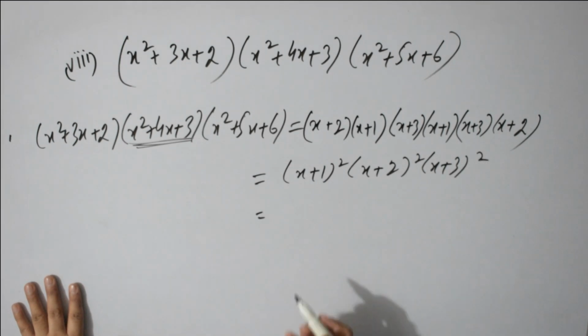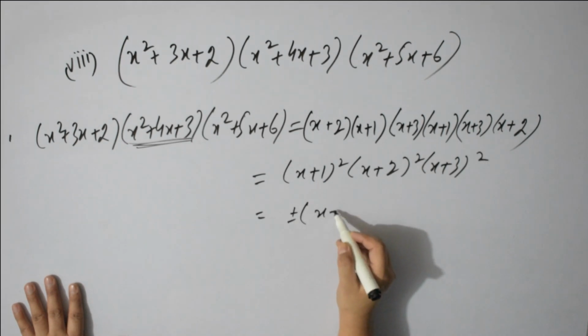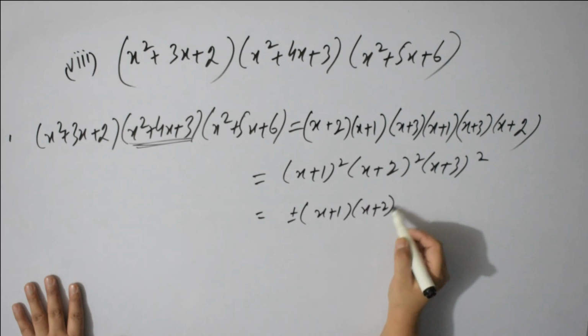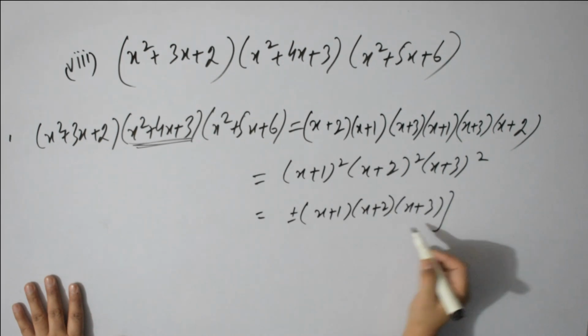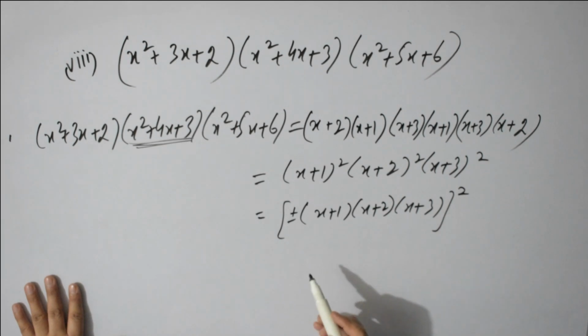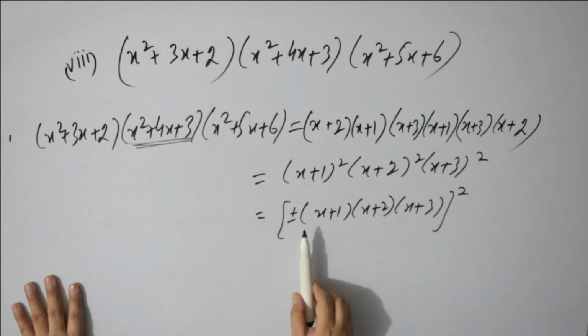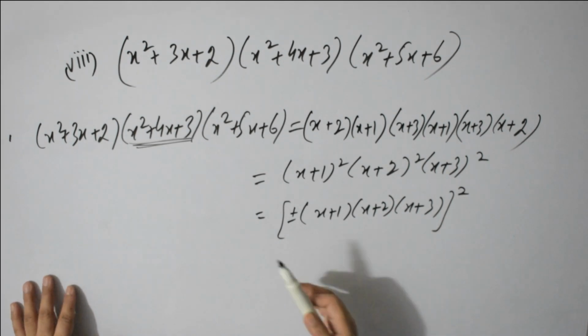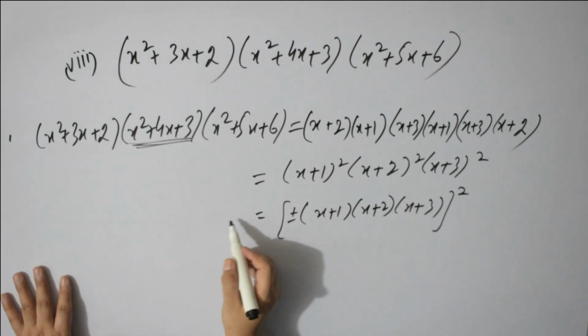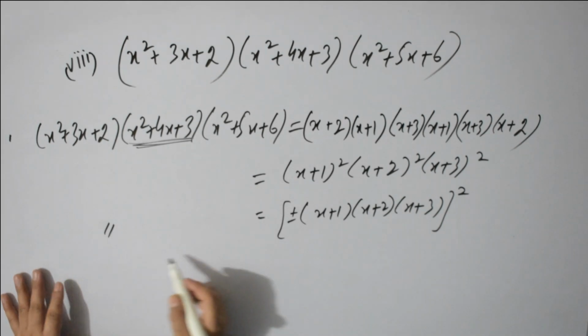Now next step is obviously to write the plus minus sign, and one more thing I am doing: I am writing this square as a single time, obviously by using the law that (abc)^2 is equal to a^2 b^2 c^2. This is my question.